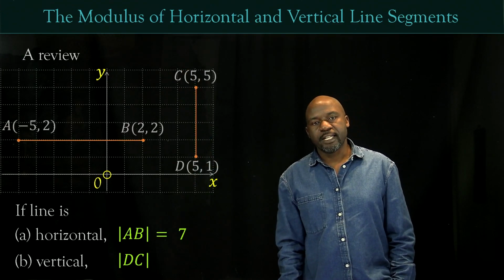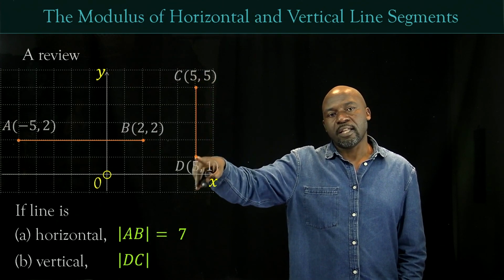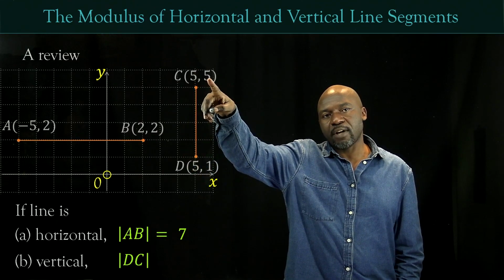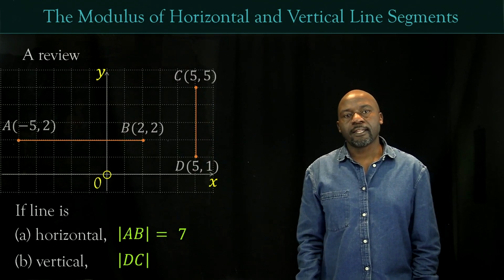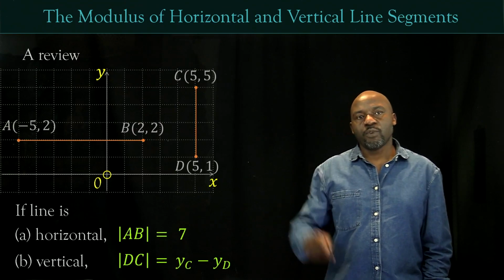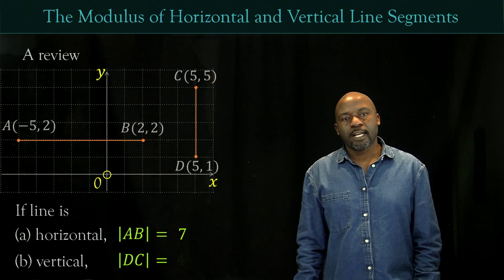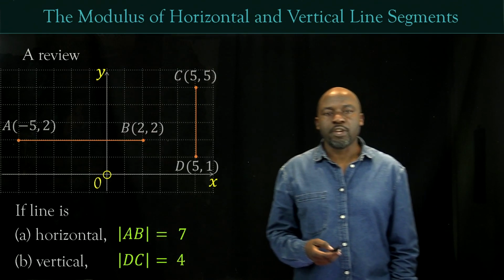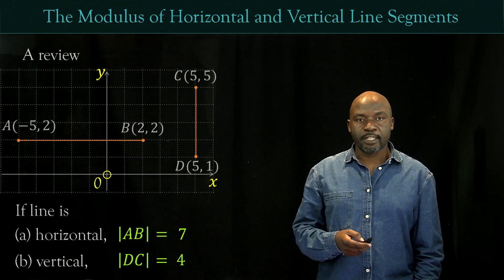So in the case of line DC, because this is vertical, we are thinking of the y values: y of C minus y of D. When we substitute that, it is 5 minus 1, which is equal to 4. I hope you remember this. We used it in the previous video, so hopefully you've not lost it yet.